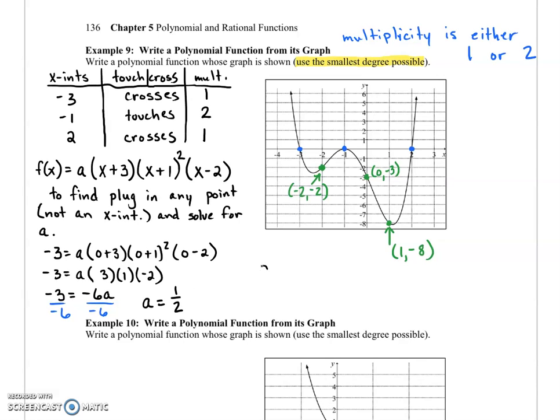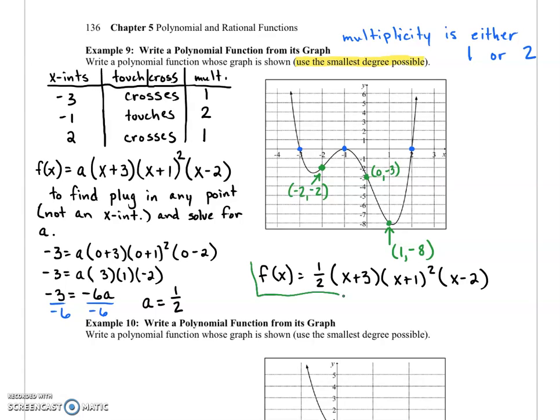So our function is f of x equals 1/2, plug a, the number, back in, and then just tack on all our factors with their appropriate exponents based on the multiplicity.